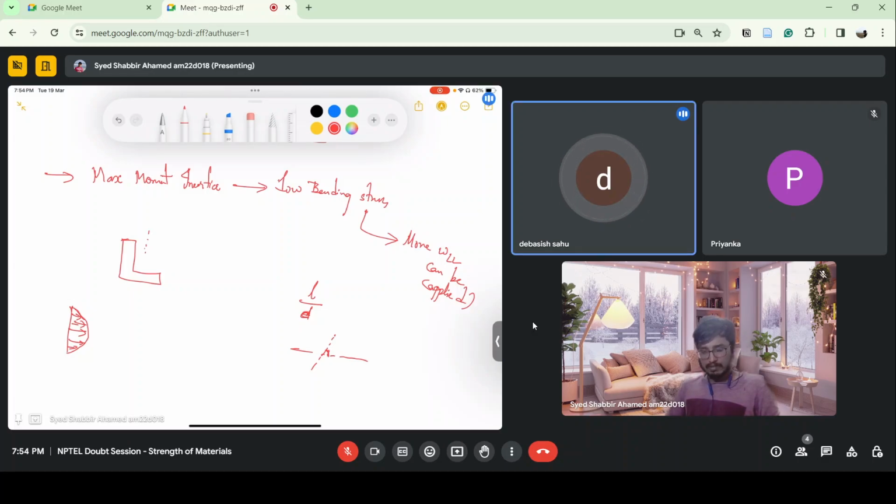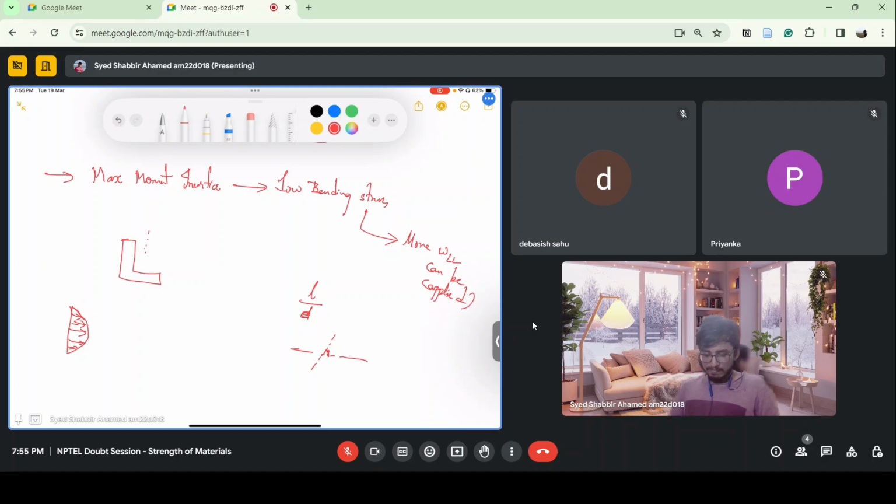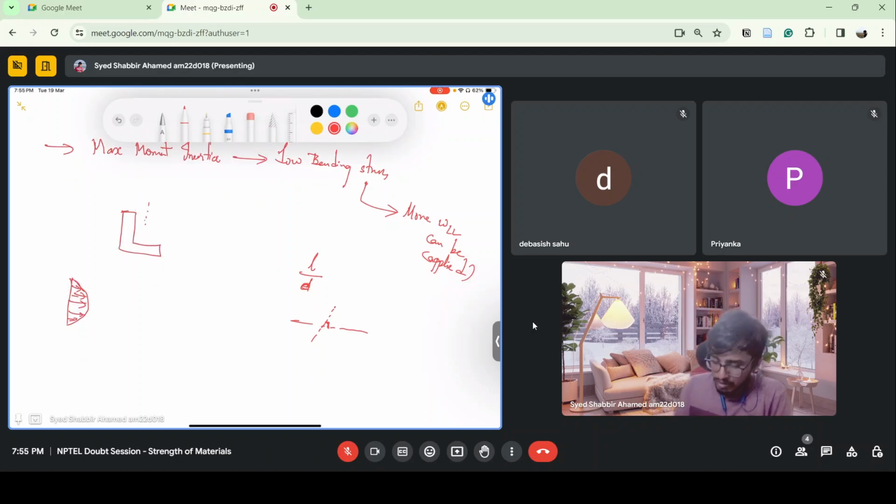Forgot actually, I'll just see. It is given that the length to depth ratio of the beam should be 20 and above.